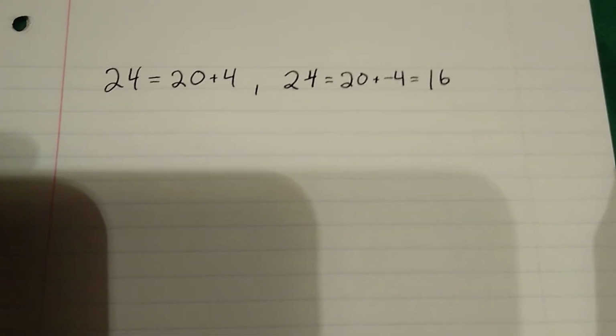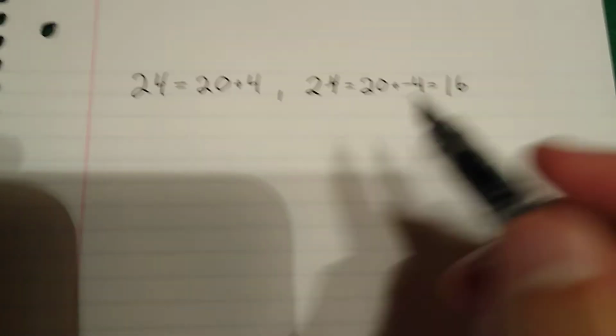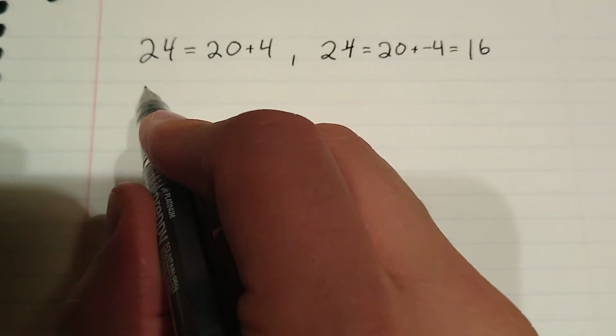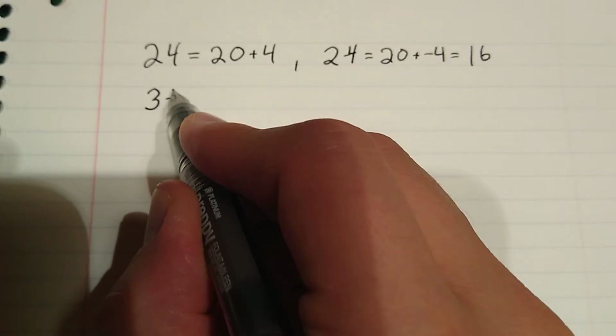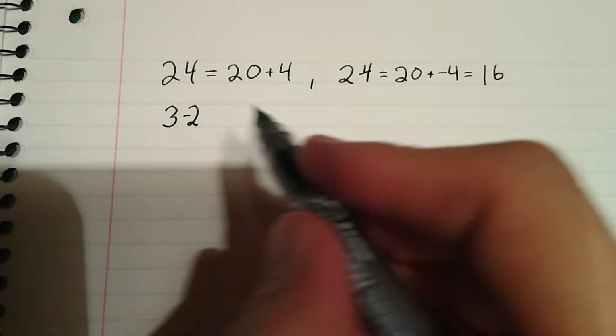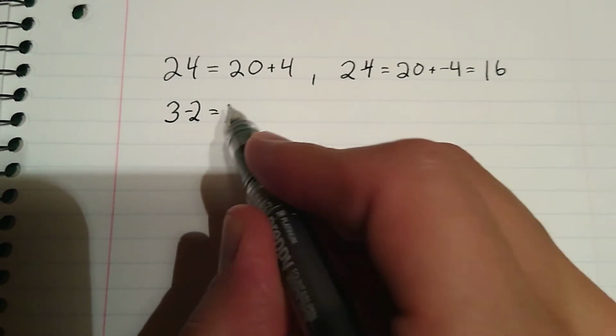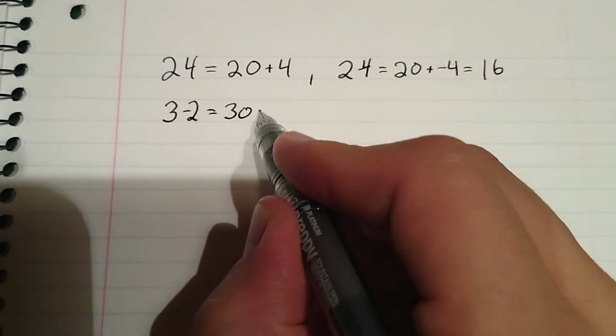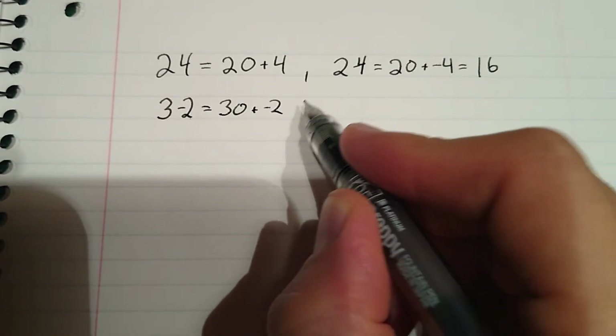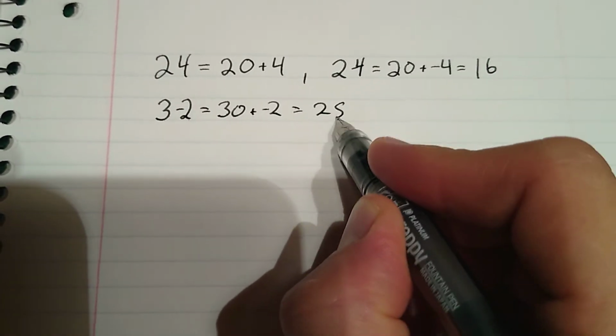So we have this, and we're going to use this to our benefit. So some other little practices. If I have 3, negative 2, we call that here 30 negative 2. And 30 negative 2 is 30 plus negative 2, which is 28.